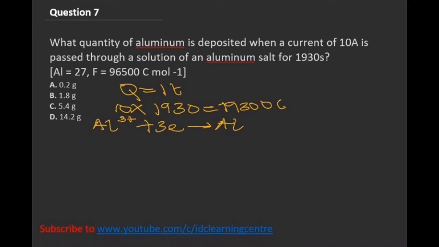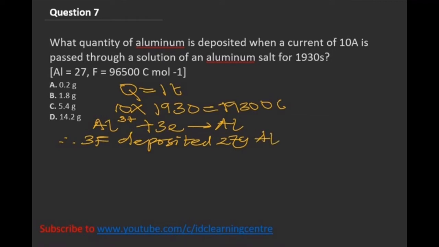Therefore, 3 Faradays of electricity deposited 27 grams of aluminum.